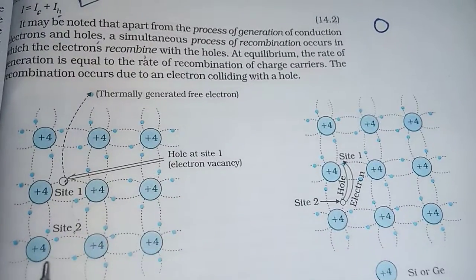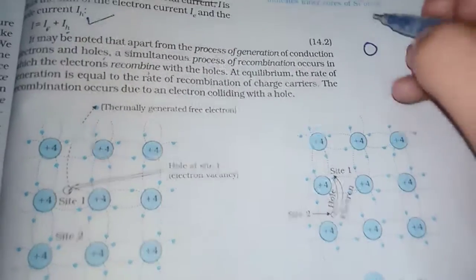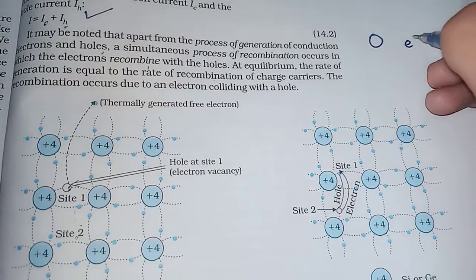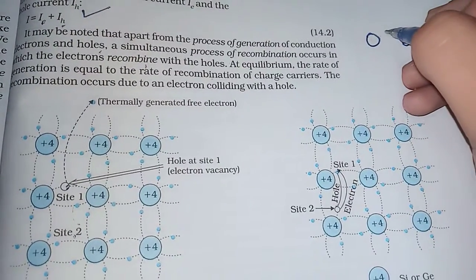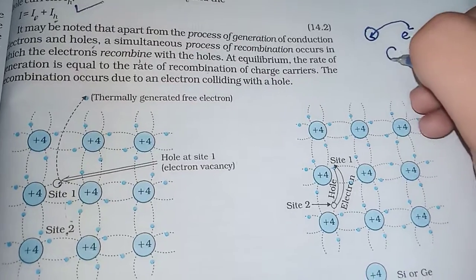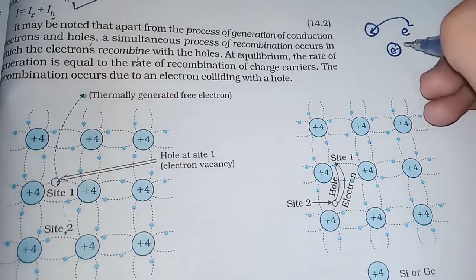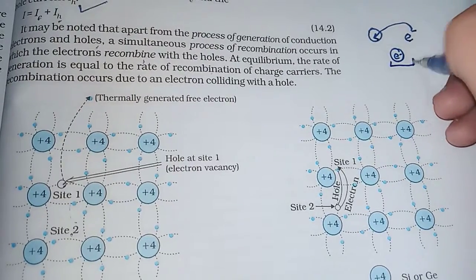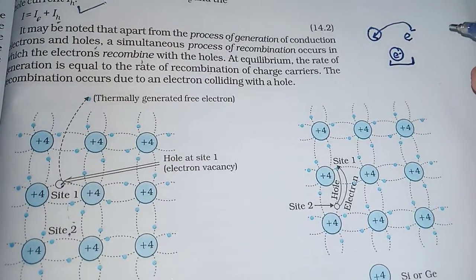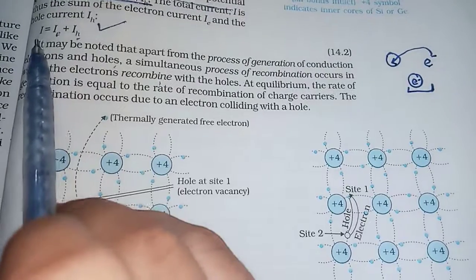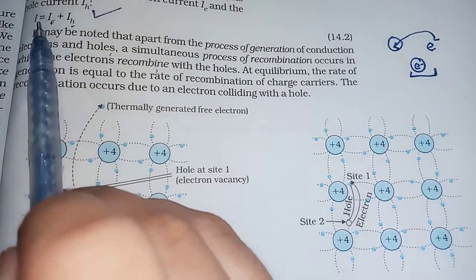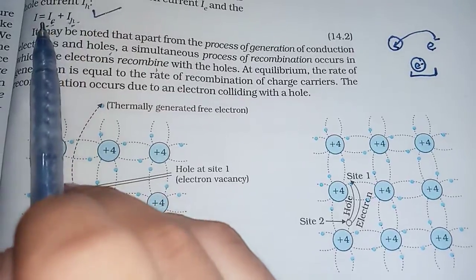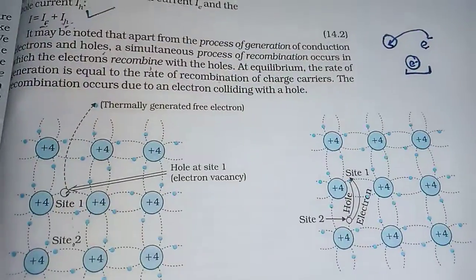So generation of a hole is done. The second step is recombination, meaning the electron goes into the hole and forms the bond again. So the hole with the electron again recombines, removing the charge carriers. So at equilibrium the rate of generation is equal to the rate of recombination.